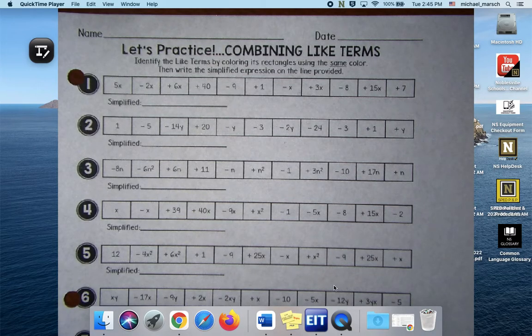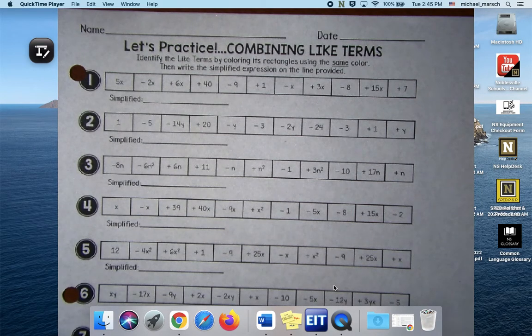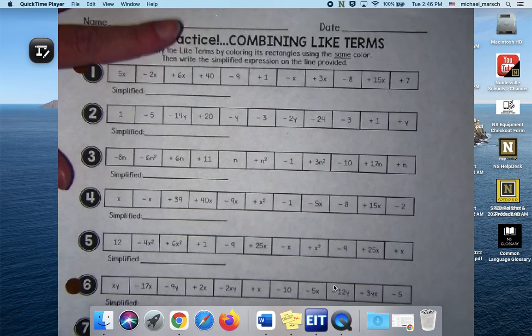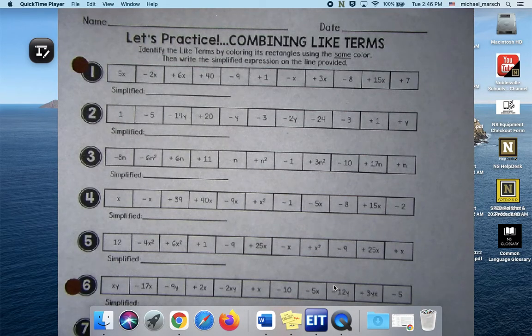All right, so let's look at number 1. We have 2 types of terms here. Who can tell me the 2 types of terms we have? We have terms with an X, that's our variable.